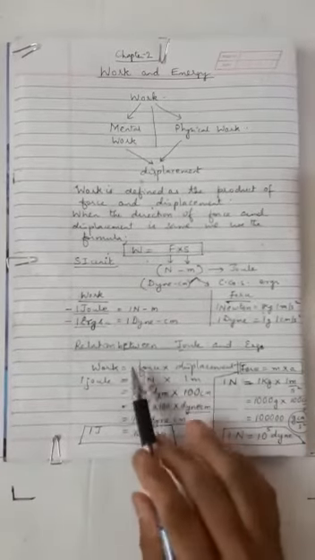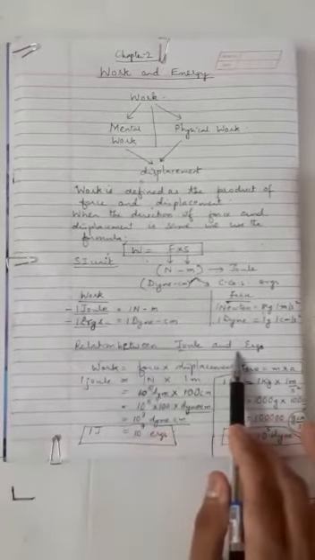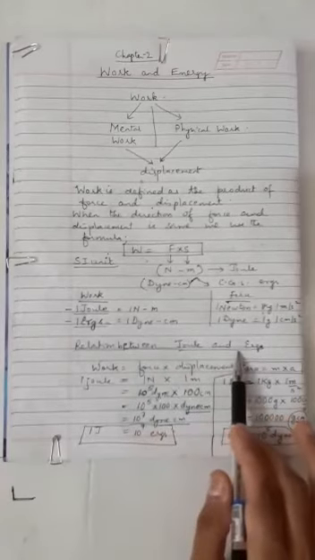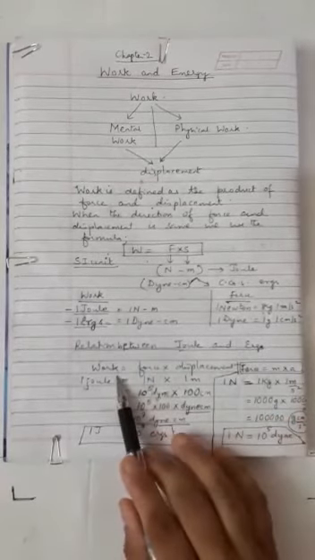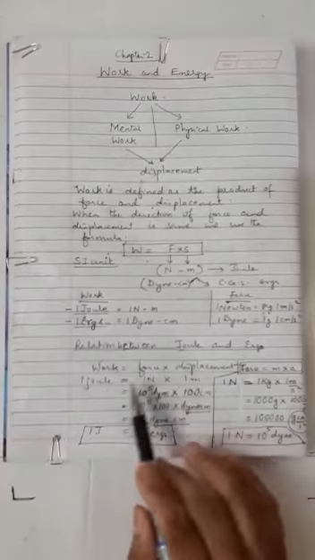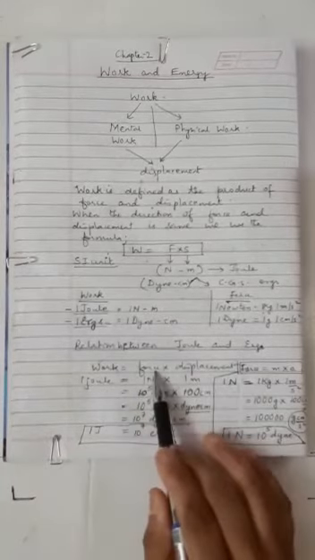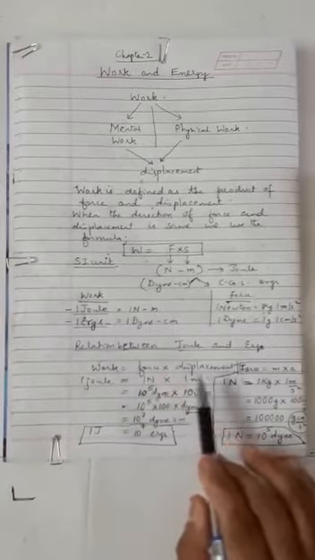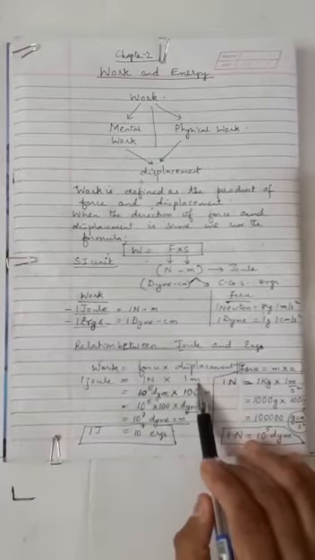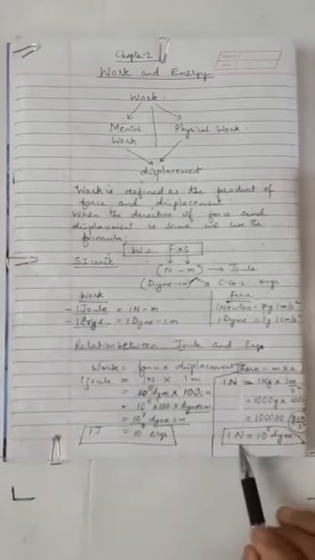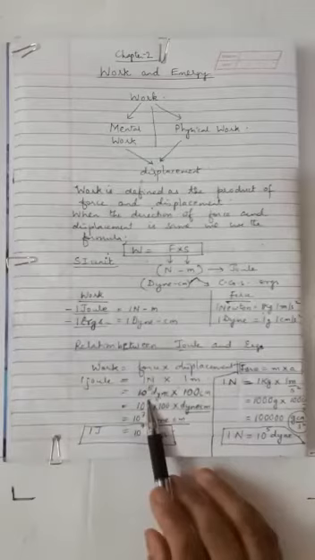Now children, coming to the relation between Joule and Erg. We define work done as force into displacement. Here, the unit of force is Newton and the unit of displacement is meters. Correct? Just now we saw 1 Newton is 10 raised to 5 dynes.